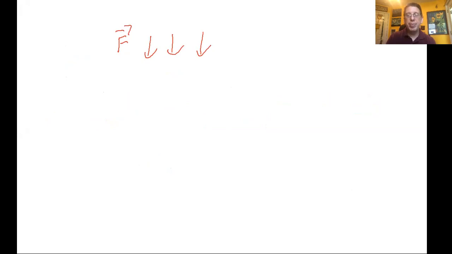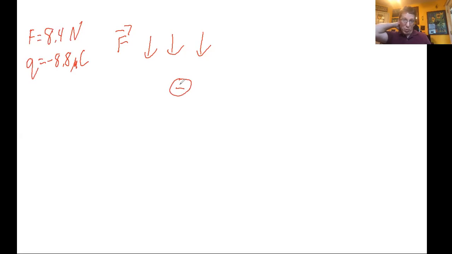So there's a downward electric force, and it's equal to 8.4 newtons, and it's exerted on a negative 8.8 microcoulomb charge. So the magnitude is 8.4 newtons. The charge is equal to negative 8.8 microcoulombs. So we have a negative charge here. And we're asked for the magnitude and the direction of the field.